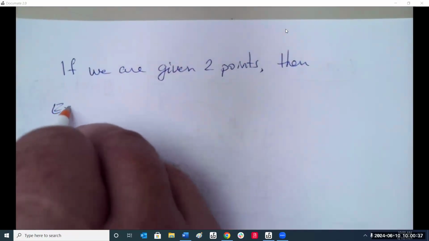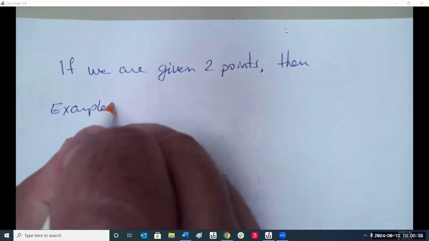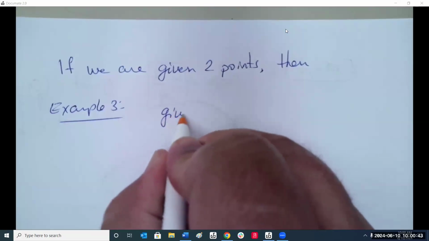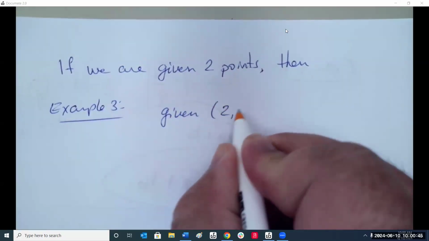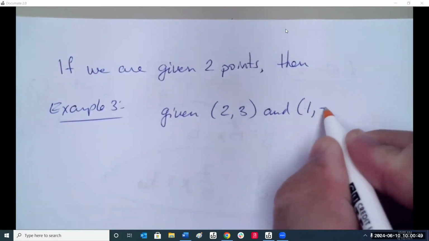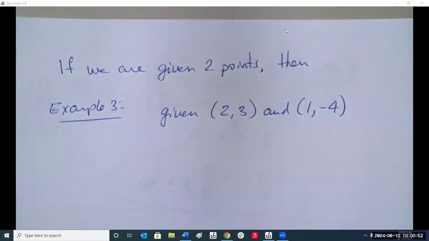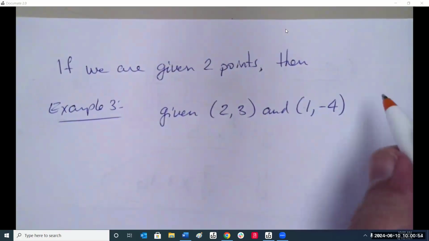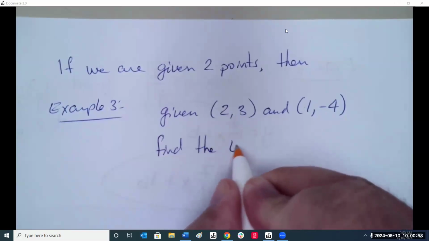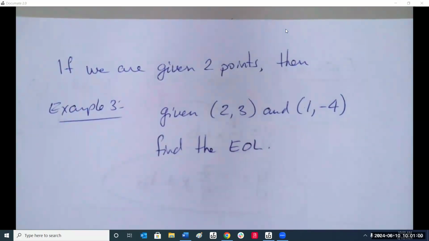That's what example 3 is about. Given 2, 3, and 1, negative 4. These are 2 points on a line. Find the equation of the line.